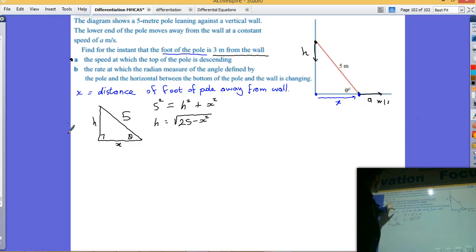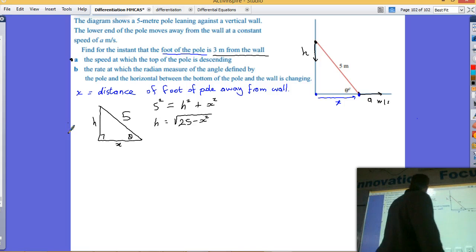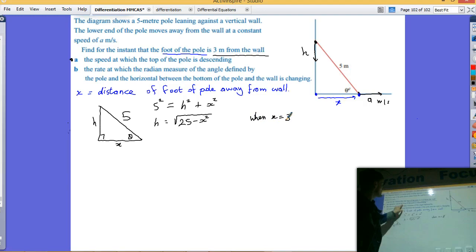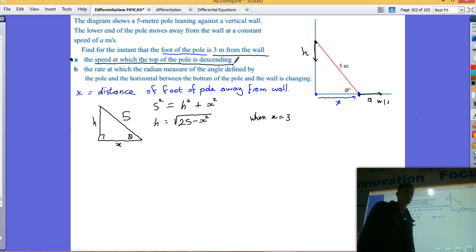So I'm interested, reading the question carefully, we want to find, for the instant that the foot of the pole is 3 meters away from the wall, so when x is 3, the speed at which the top of the pole is descending. The speed at which the top of the pole is descending. Interesting.